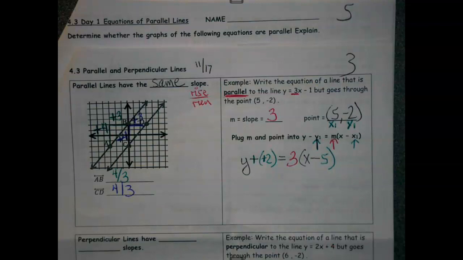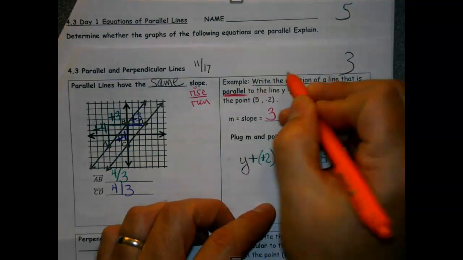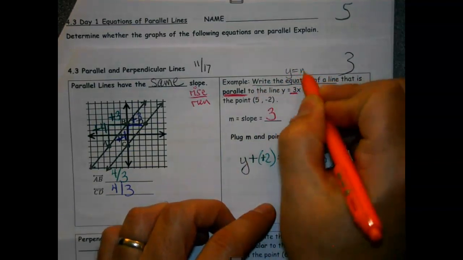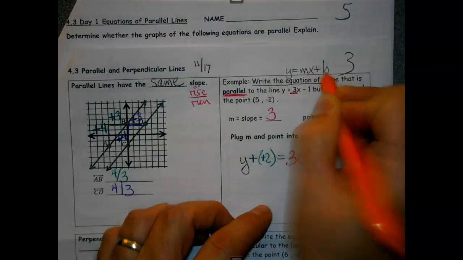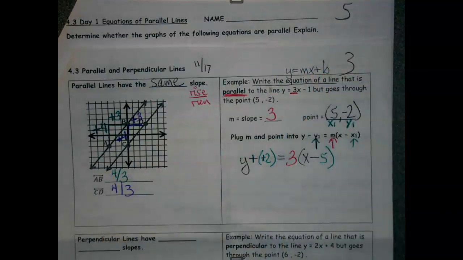So once I get it plugged in, I am not done, because when it says write the equation of a line, we want to get it into slope-intercept form, because if I am asked to graph it at some point, and I will be, I want to be able to have it in a form that I'm used to graphing in.